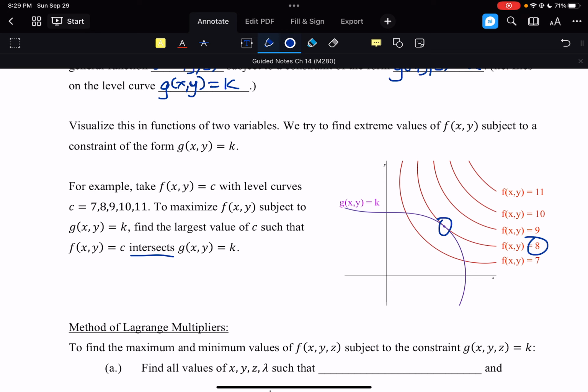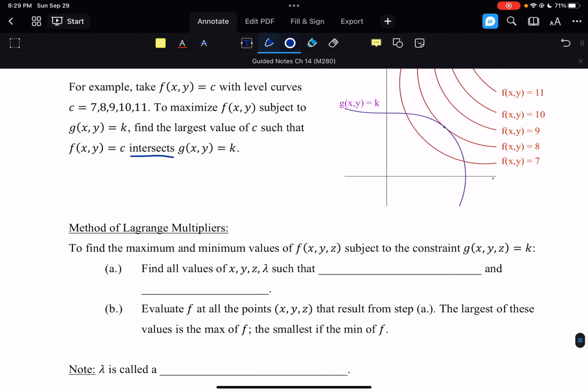Okay, so in this hypothetical example, the maximum of f subject to the constraint of g equals k would be 8. Okay. Now, how can we find this mathematically or analytically?